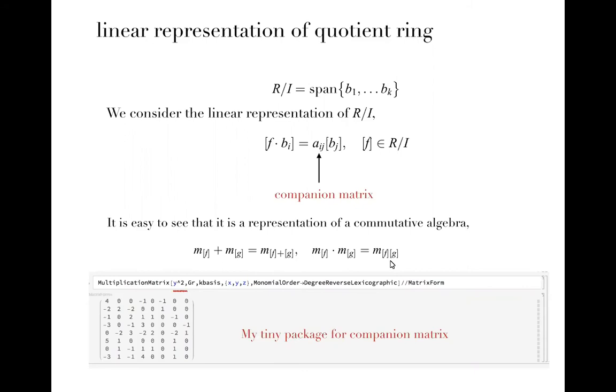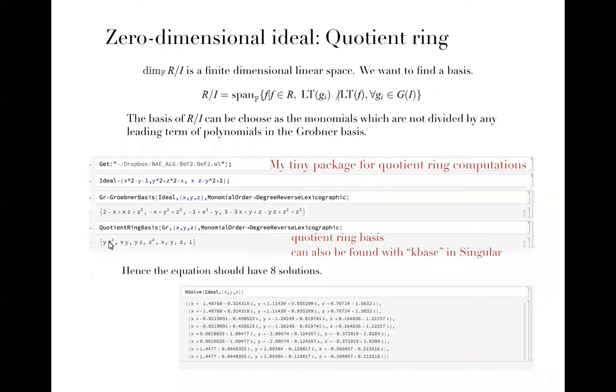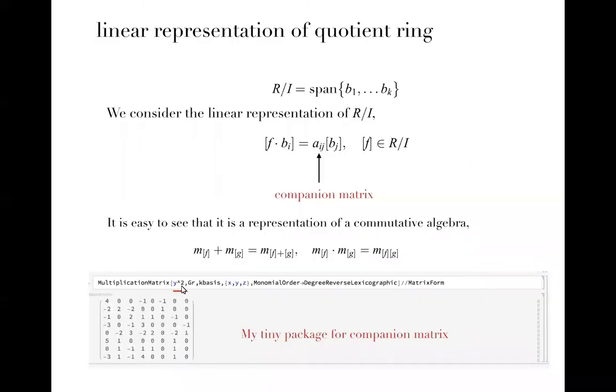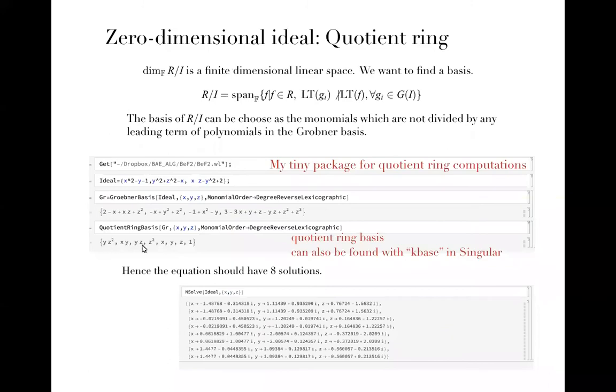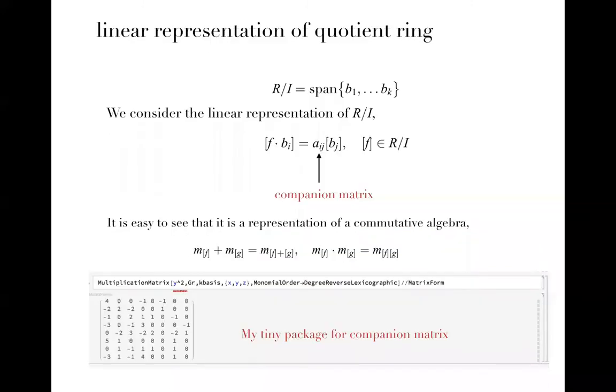I also have a small tool to do this in my package. You can download it. For example, again with the previous example, you have this basis of 8 elements here. I have an arbitrary polynomial, y squared. This is my F polynomial over the Gröbner basis, over this kbase, which is the linear algebra basis. I can get this companion matrix.